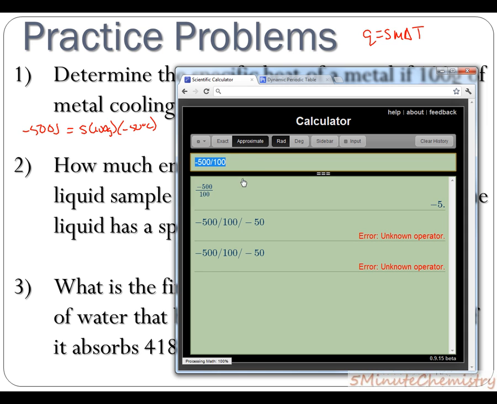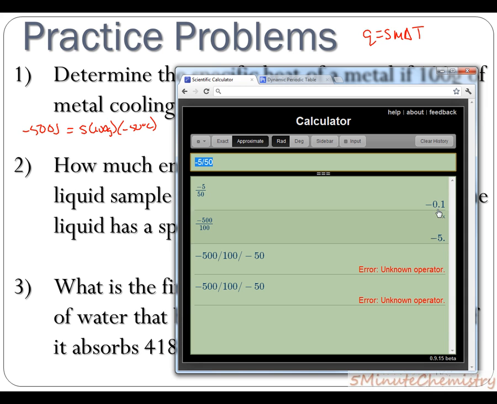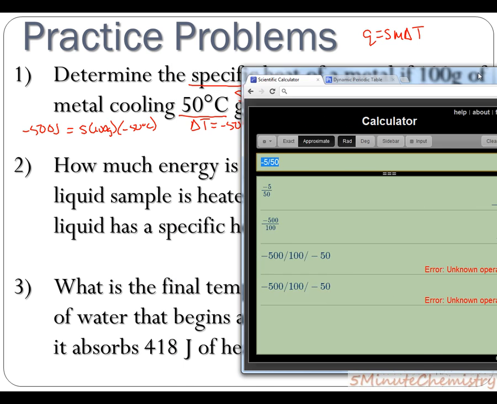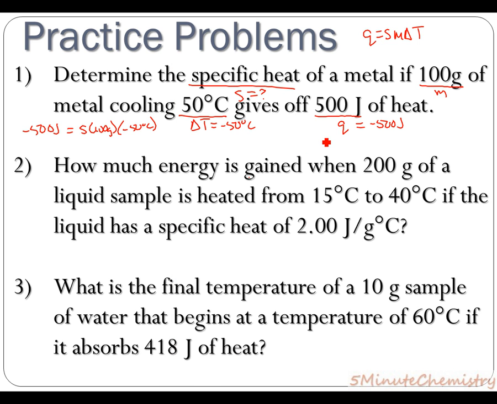Negative 500 over 100, so that is negative 5, divided by, I'm just going to take the 50, and then we'll make that a negative. So it is 0.1. All right, so right here we find that the S is equal to 0.1. And the unit for that is joules per gram degrees Celsius.